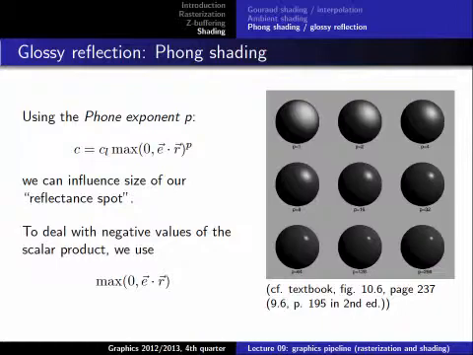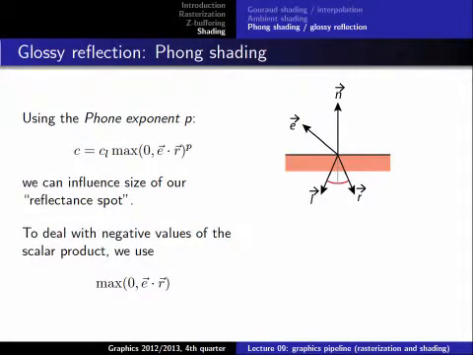And when we do the actual calculation, we have to consider that this scalar product can get negative, so we have to take the maximum of 0 and the scalar product.